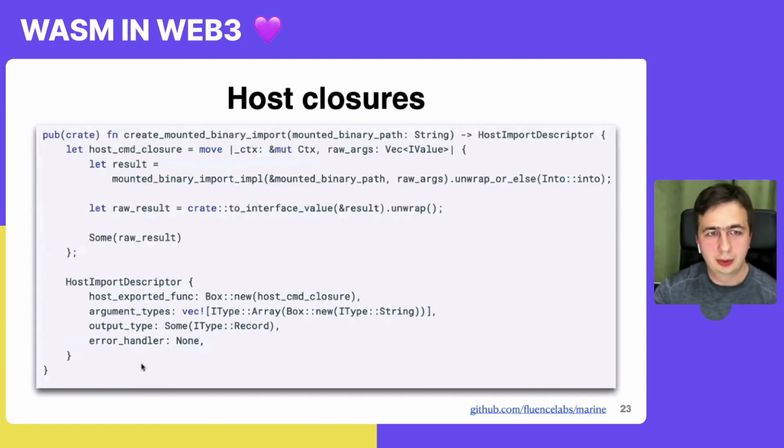And the whole import looks like this. Here, please also notice that there are no things related to raw arguments. We work with IValues, we receive IValues and we return IValues. There are no issues with reading memory, writing memory, and so on.